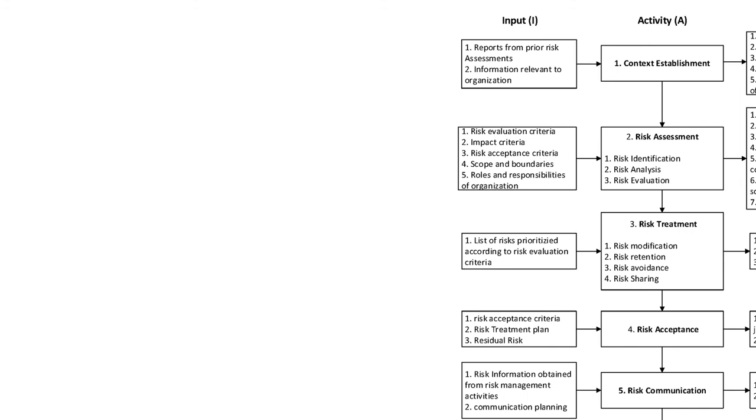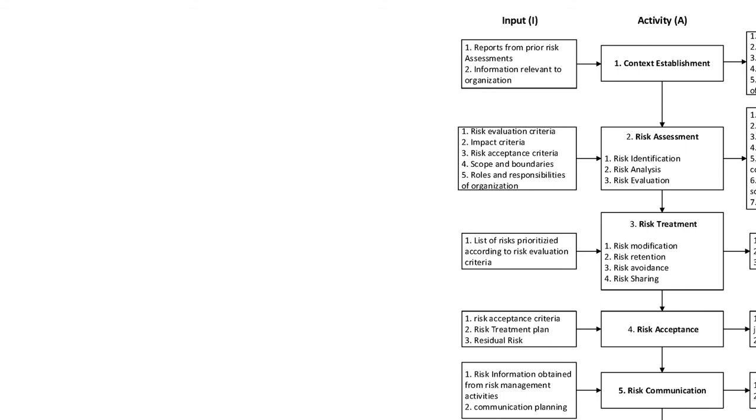It's also very interesting to see that the outcome of the first phase, the context establishment phase, will act as an input for the second phase, right? So having this picture will give you a clear idea about all the relevant, critical information that you need throughout your risk management task.